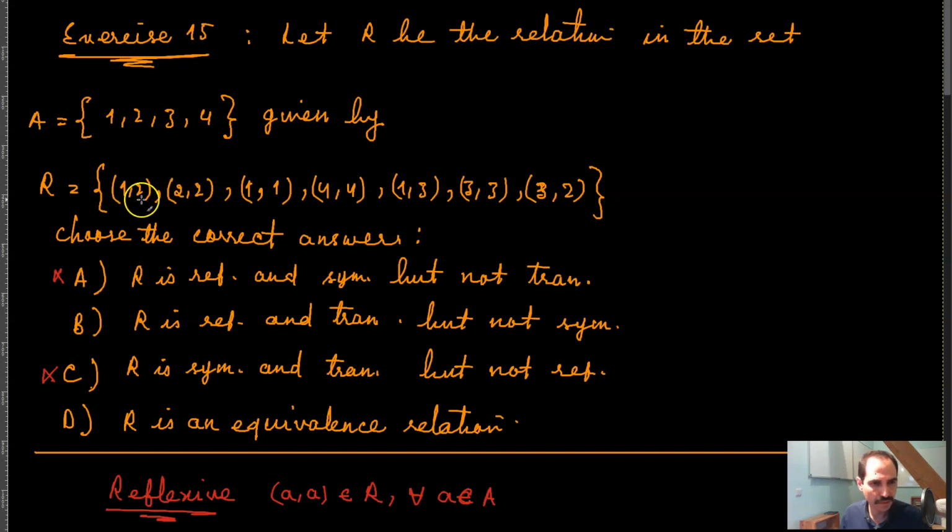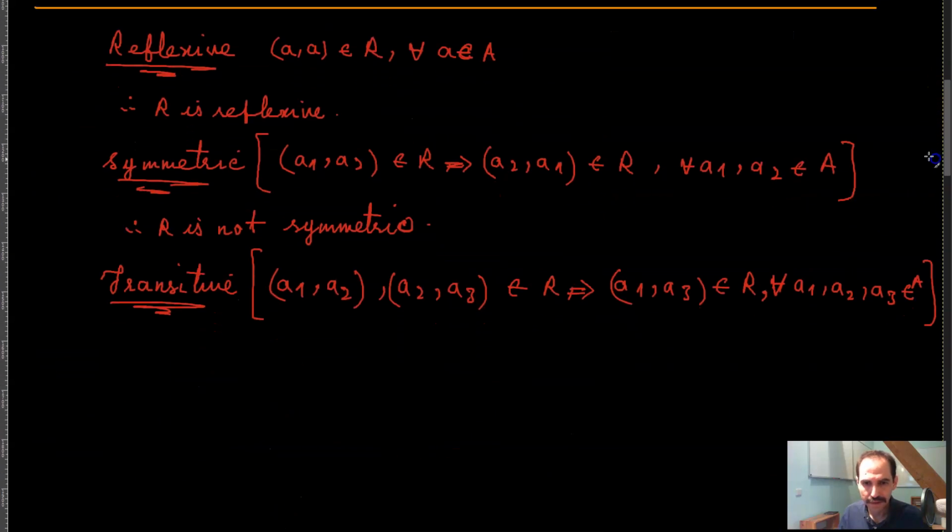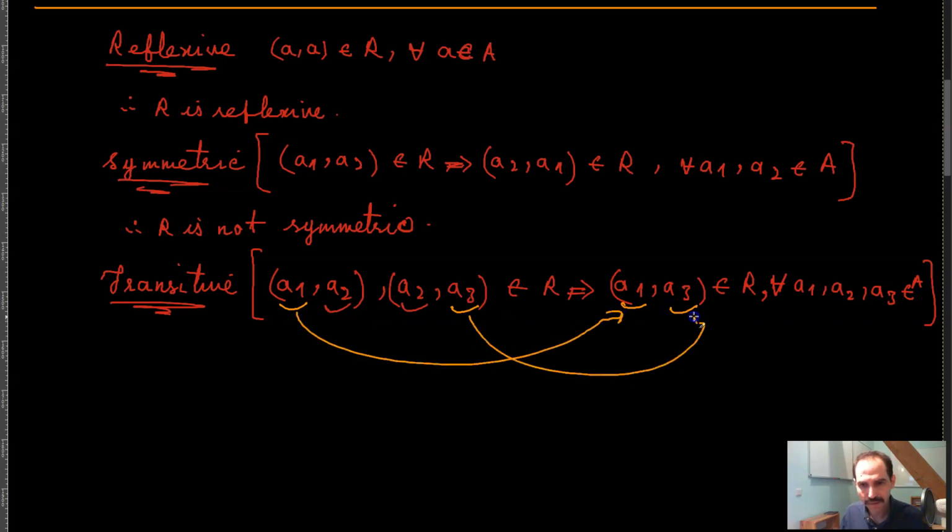What's important is that a2 is common between these two ordered pairs. So a1 and a3 are coming from here and from here. If that is the case, then these two should constitute an ordered pair. If that's not the case, then it's okay.